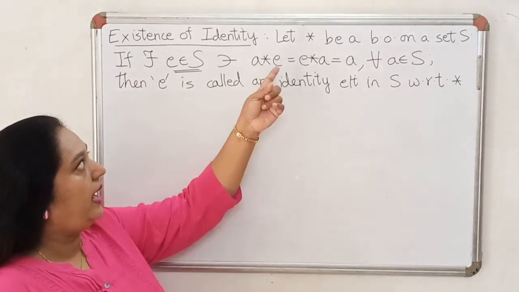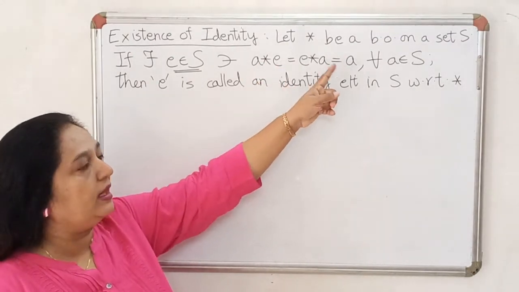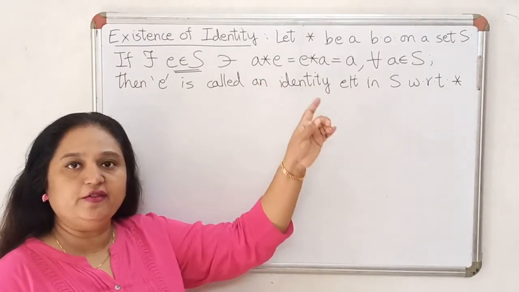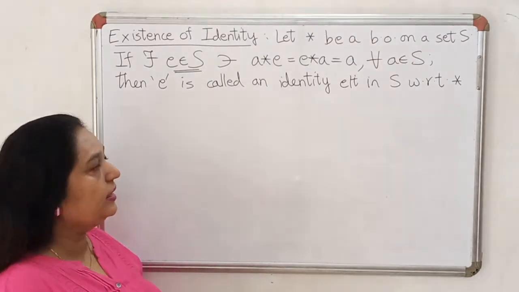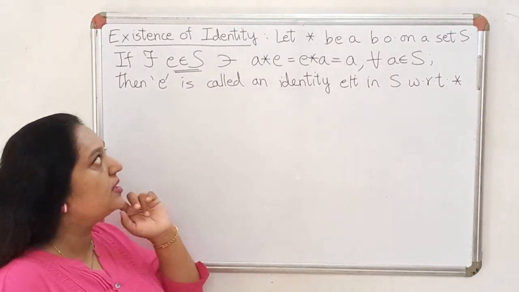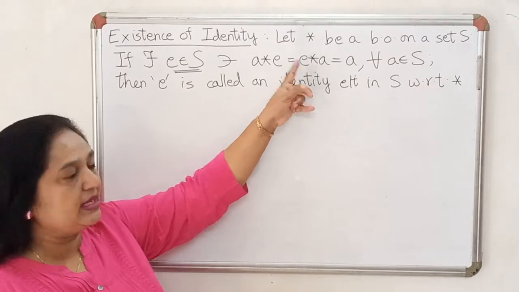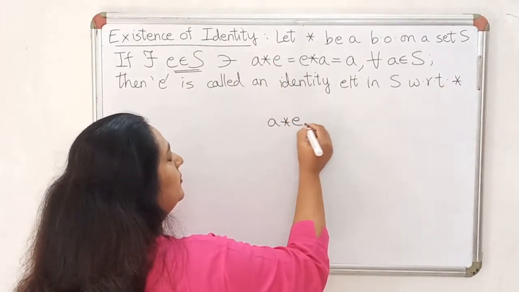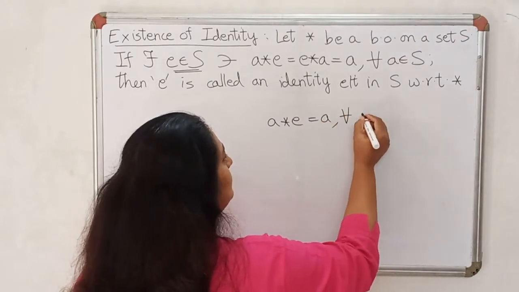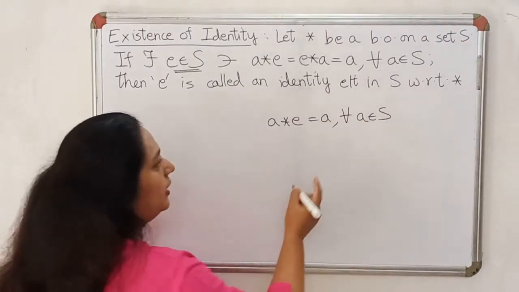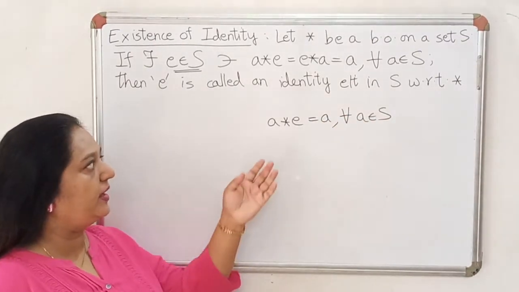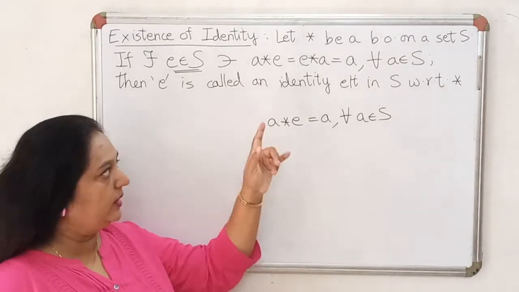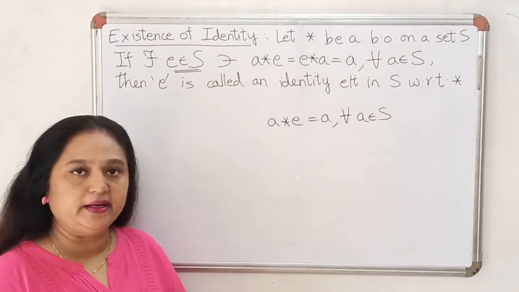In other words, identity combined with any other element of the set should give me that element, and it should work from both directions, from the right as well as the left. If only this equation is satisfied, then this is called a right identity.